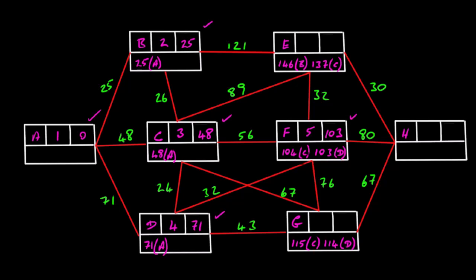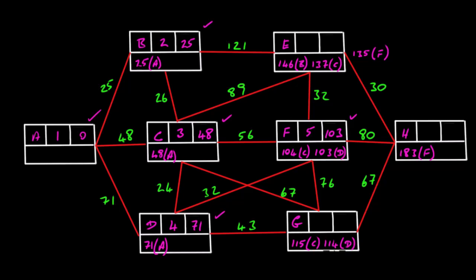So let's go from F now. So from F we can come up along this direction. So we've got 103 plus 32, that's 135, that came from F. We can come out along here to the sync node. So you've got 103 plus 80, which is 183, and that came from F. We can come down along this direction. So we've got 103 plus 76, that's 179.